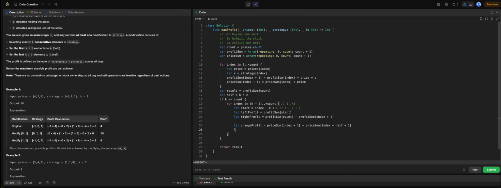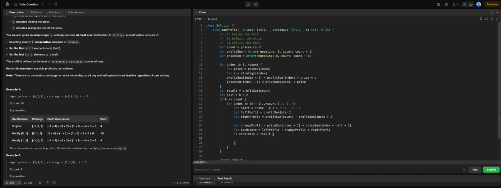And then we can calculate the candidate in our case. How can we calculate it? Left profits and change profits. So there is a difference, and then we just add the right prefix. By doing that, we check if the candidate is greater than our result.